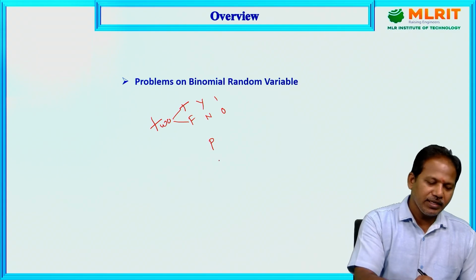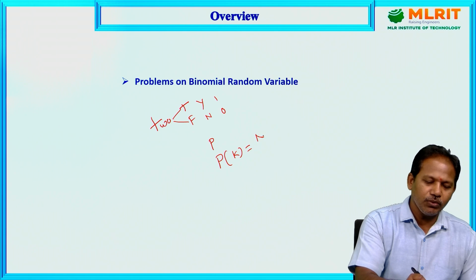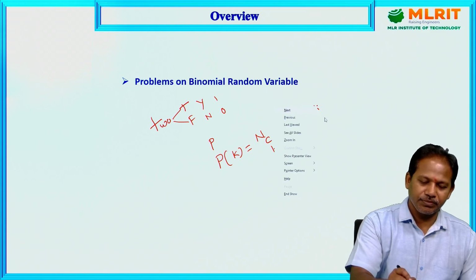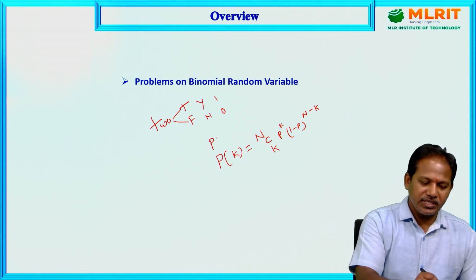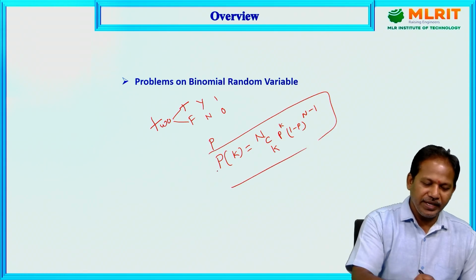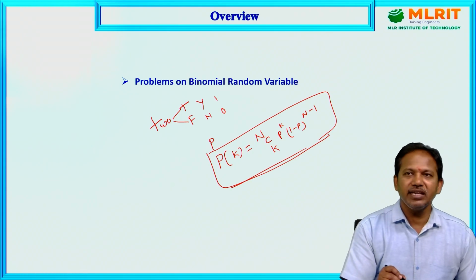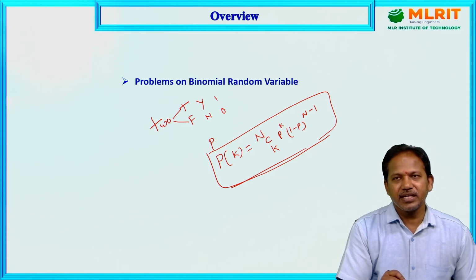We can write P of k equal to nCk into p power k into (1 minus p) whole power n minus k. This is finding the probability that event A occurs exactly k times.